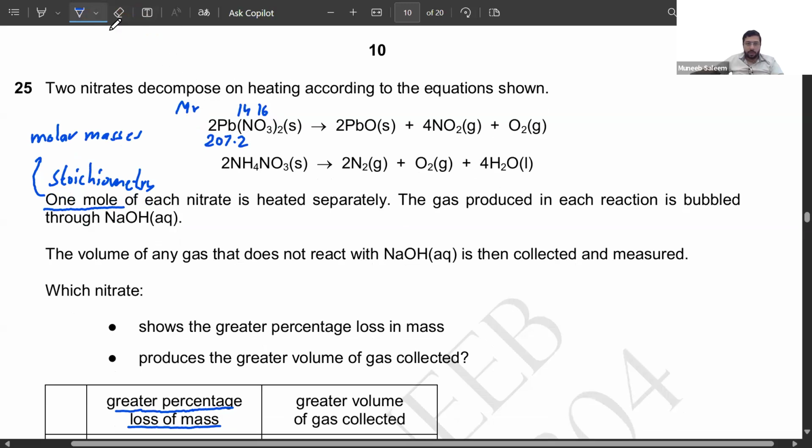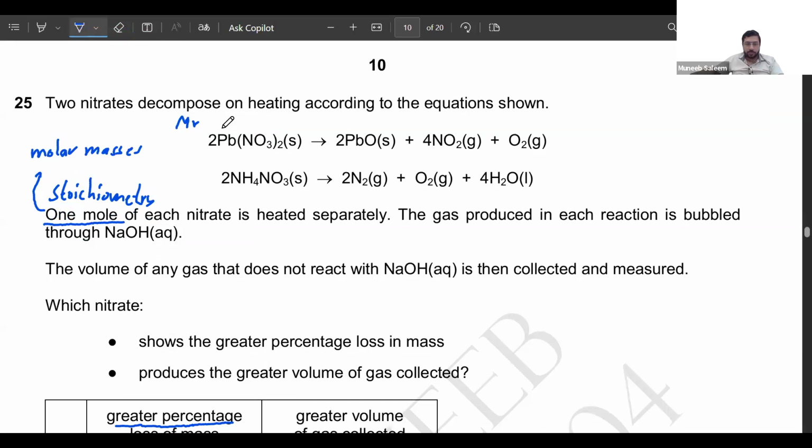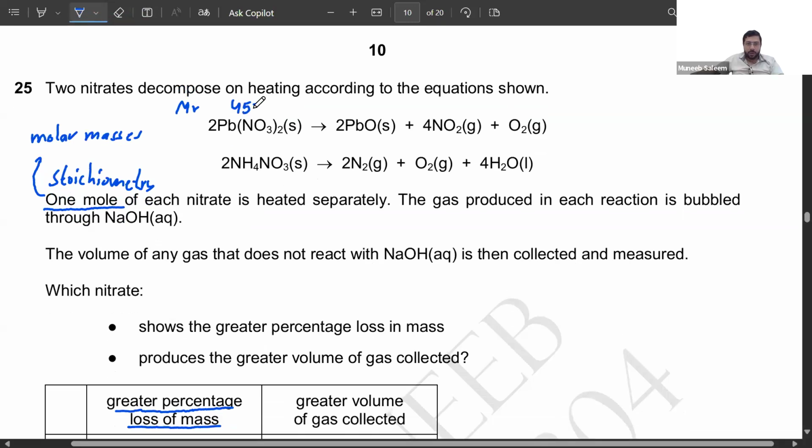As you know, MR can easily be calculated by considering all the masses. So the MR value of that nitrate is basically 455.2. You have to consider the multiple of 2 as well. You have to multiply 2 with the mass of the lead nitrate. Only then will you get this value of 455.2.